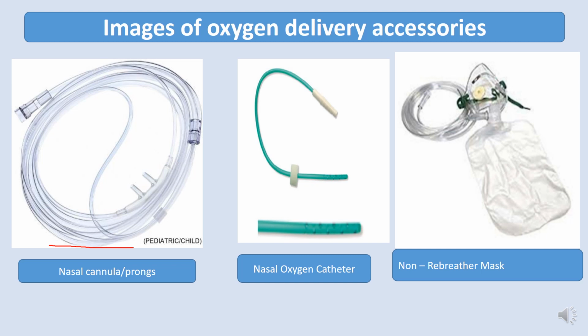This is the area that goes through the nostrils. Okay, and this one joins to the oxygen tubing. This is a nasal catheter. Nasal catheter is slightly different from the nasal prong. So mostly right now, what is really being used commonly will be a nasal prong and the non-rebreather mask, very common. But we also have the nasal catheter.